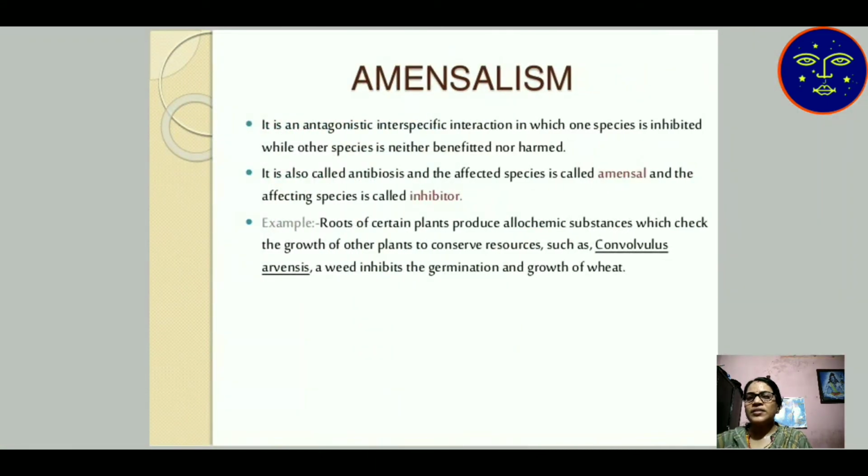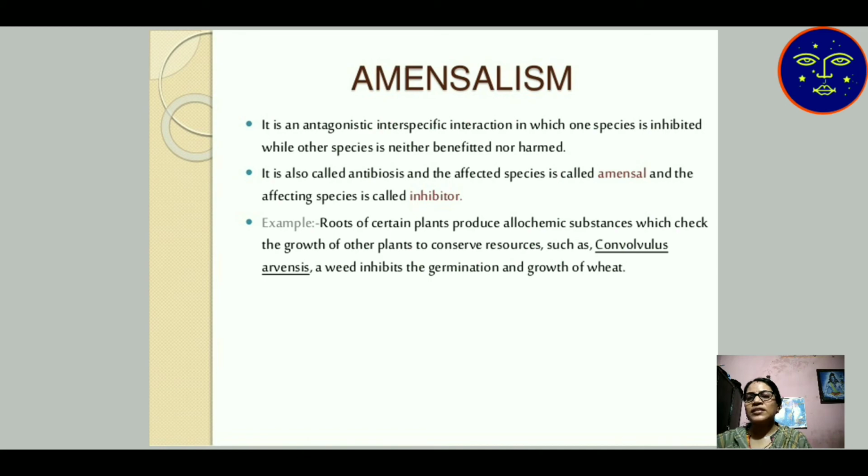Then amensalism. It is an antagonistic interspecific interaction in which one species is inhibited while the other species is neither benefited nor harmed, known as amensalism. It is also called antibiosis, and the affected species is called amensal, and the affecting species is also called inhibitor.